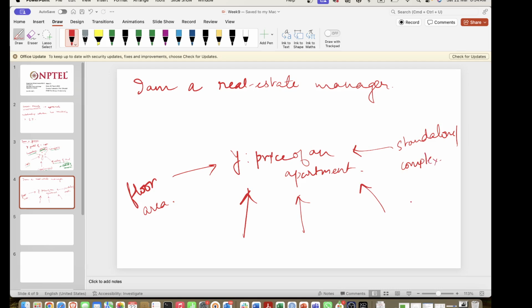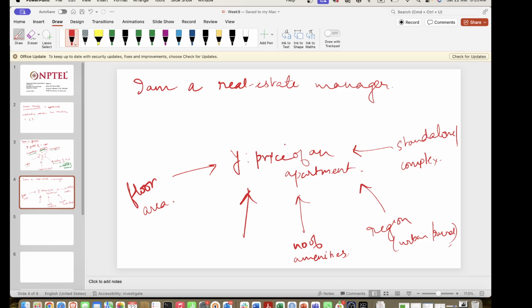Okay, it would depend on the region where it is, whether it's in an urban area or a rural area. It could also depend on the number of amenities.